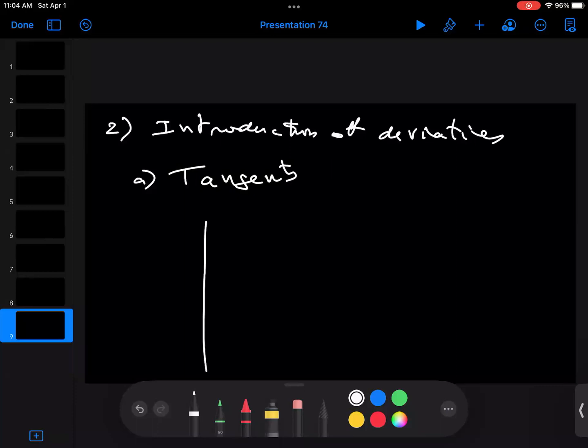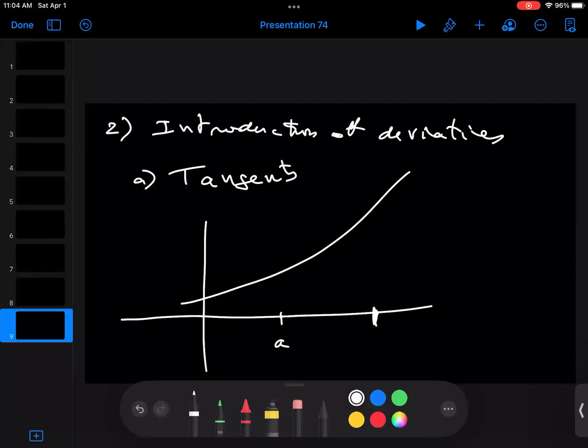Let's say I have a function here. I draw a function between 2 points A and B. So here it's f of A, and here is f of B.